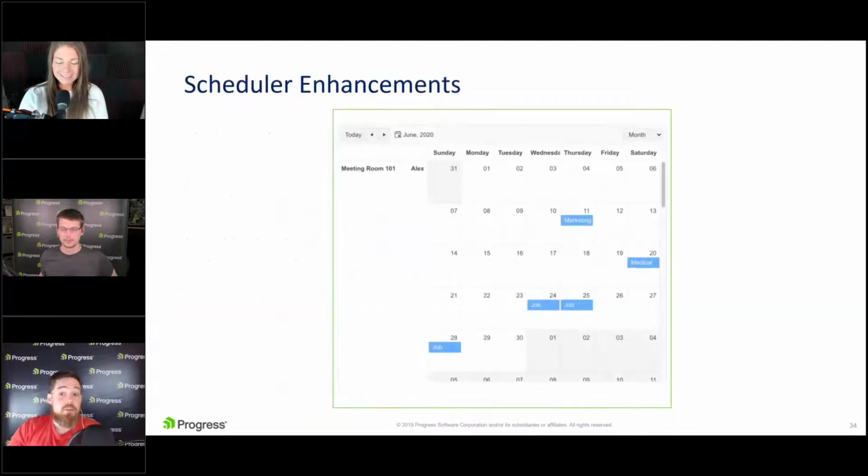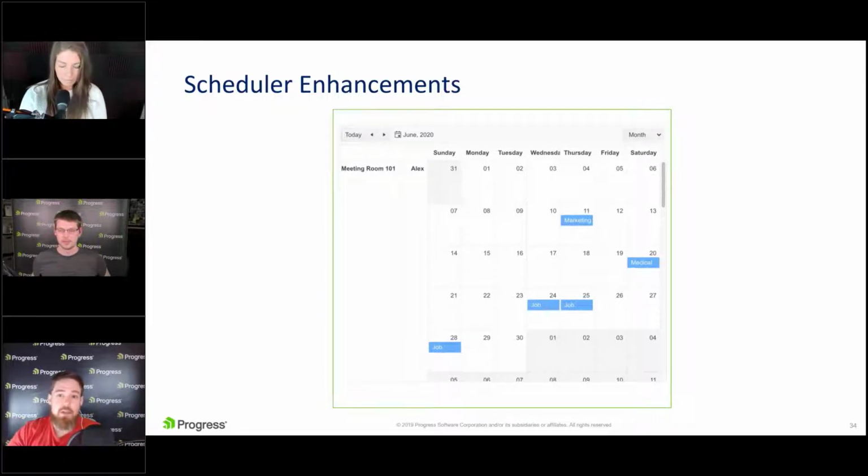All right, the scheduler also got a ton of updates. And the first one is the ability to do hierarchical grouping. So we can see here that we have the meeting room 101 and then Alex. And these are now multiple groups within each other. So for meeting room 101, we can take a look at Alex and we can see what they have booked throughout June of 2020.